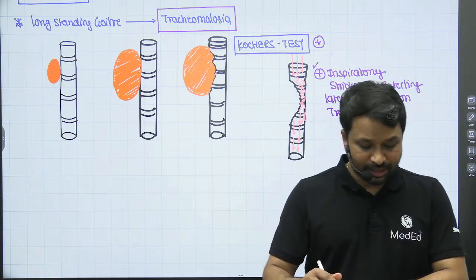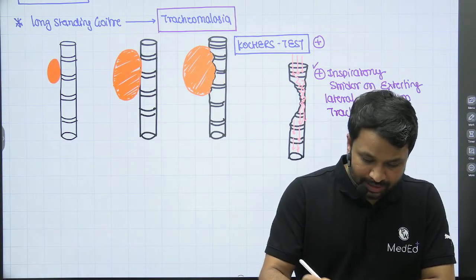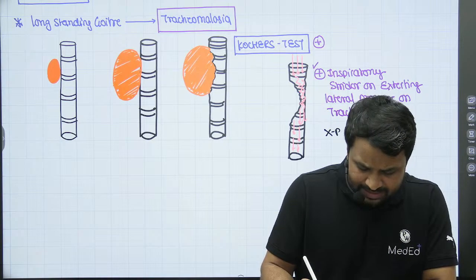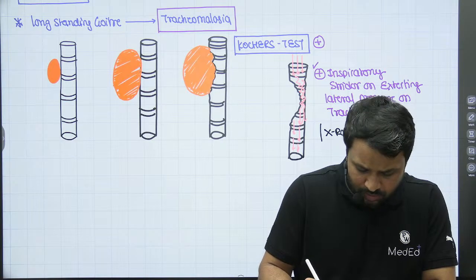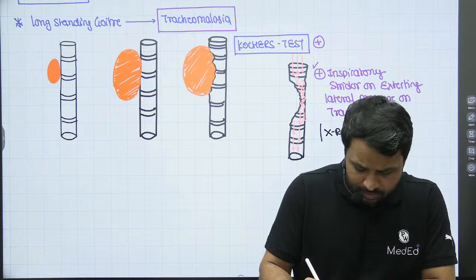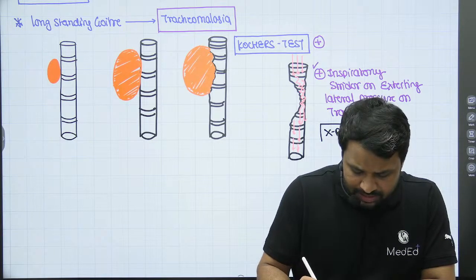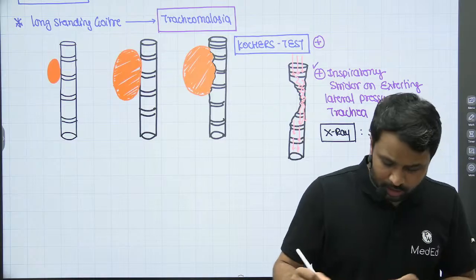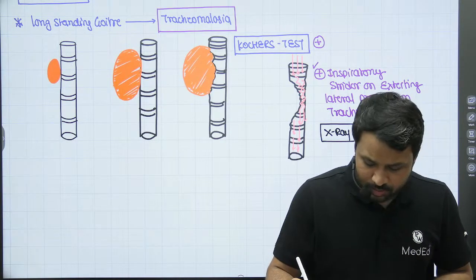And whenever there is a tracheomalacia and you do an X-ray, you will find the trachea is getting all compressed, with lateral compression, and the compressed trachea will give a very classical look, which is called the scabbard trachea. You have heard about the scabbard trachea. So what is the scabbard?